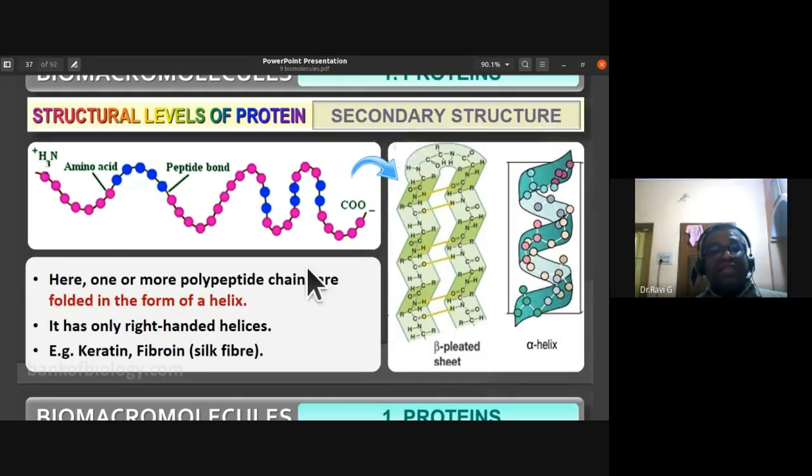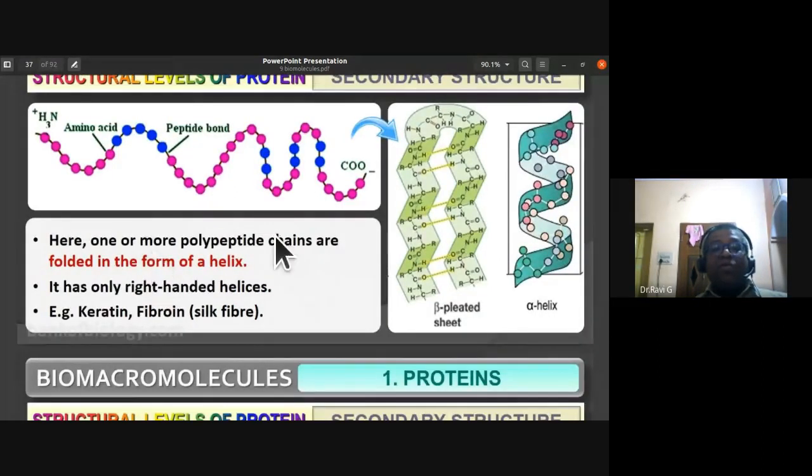So the secondary structure: one or more polypeptide chains are folded in the form of a helix. You can notice here the beta pleated sheet, then the alpha helix. It has only right-handed helices.